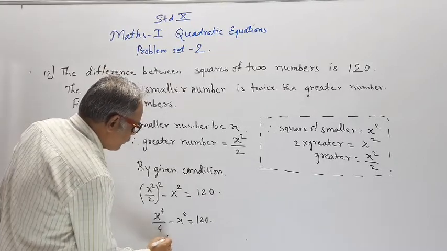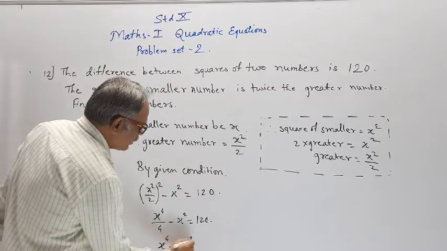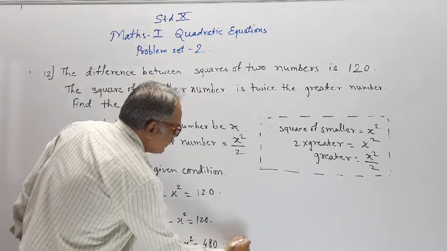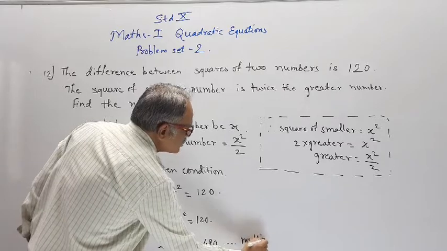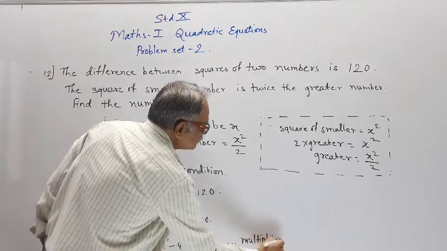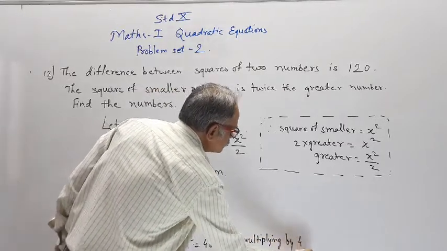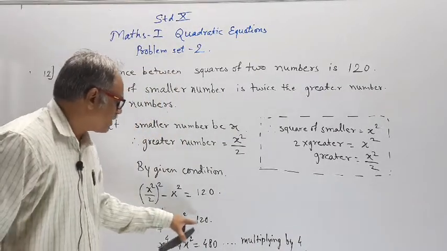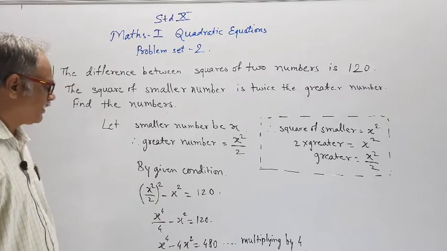Therefore, x raised to 4 minus 4x square equals 480, multiplying both sides by 4. The 4 cancels, 4x square, and 4 into 120 is 480.